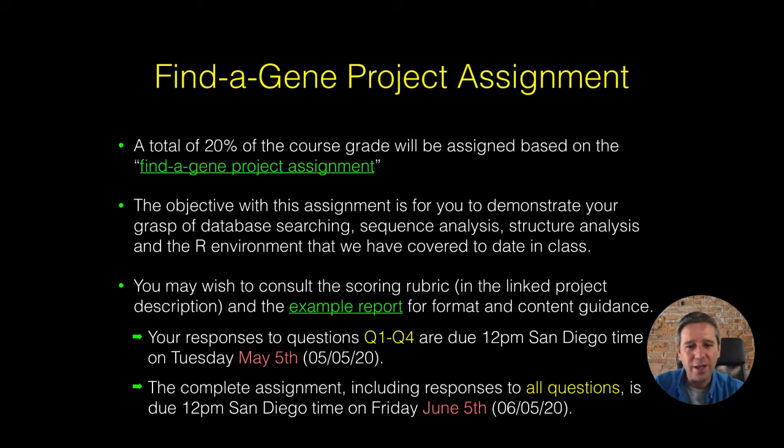The reason for that is these first 4 questions, in ideal circumstances, can be done pretty quickly, 30 minutes, 40 minutes max. You can do these first 4 questions and find a gene that's novel, something that we'll then explore in the following 6 questions and put some more meat on the bones, if you will.